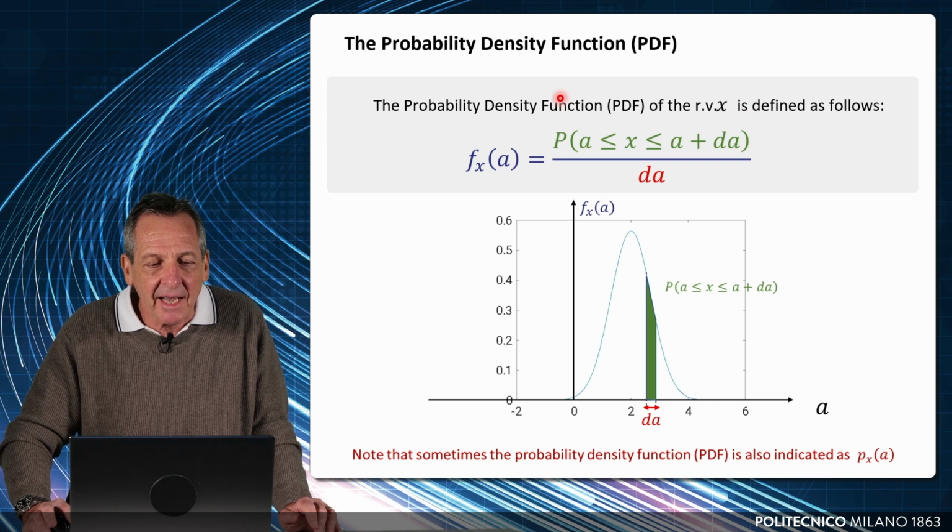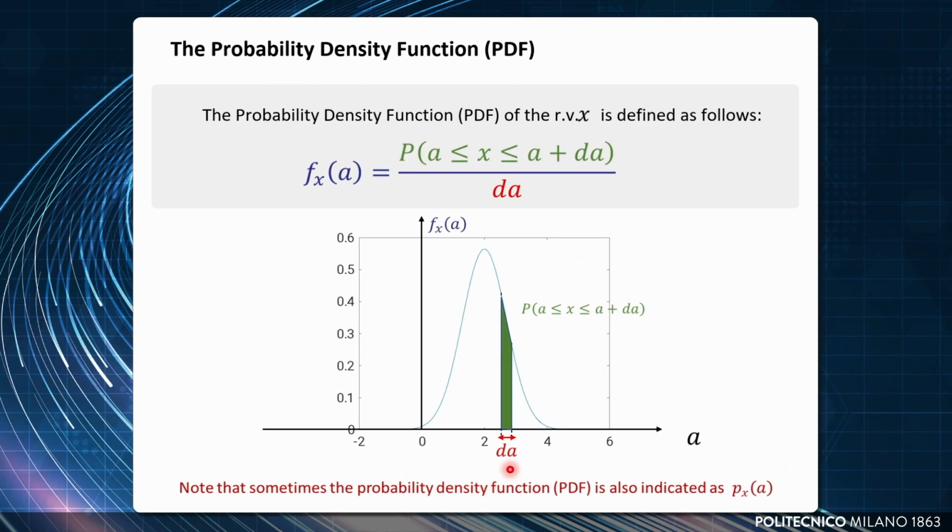Actually, if we look at this probability in green over here, we can see that the probability is the area under the probability density function in the infinitesimal interval dA.